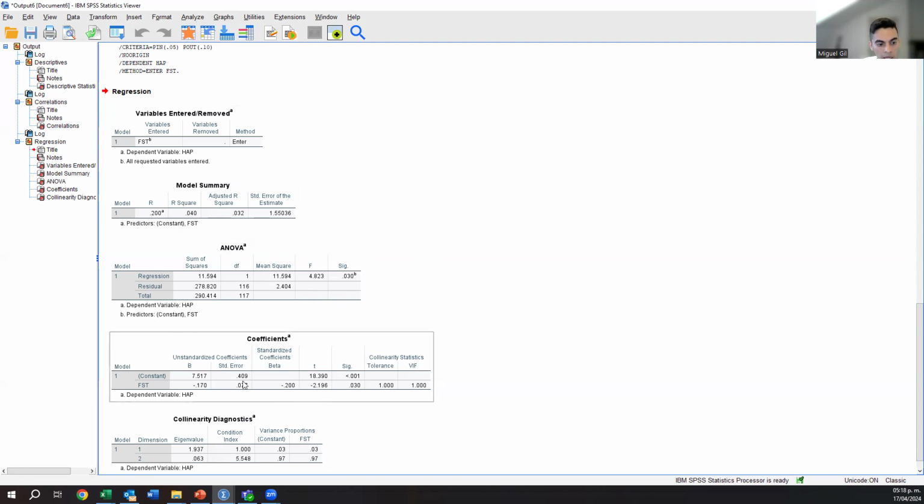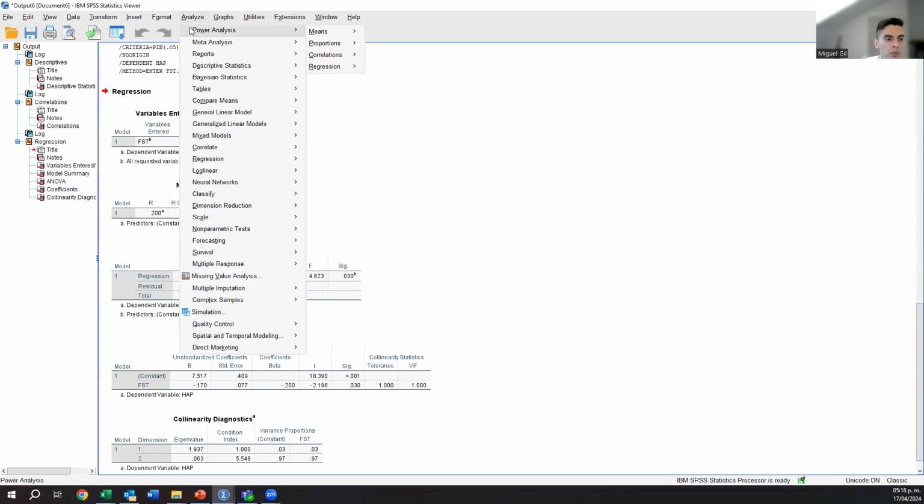You conclude that the effect is negative and it's significant and the model is significant. If your hypothesis was there is a negative relationship between financial stress and happiness, you support your hypothesis with model 1. That's the overall conclusion of model 1, the first support.